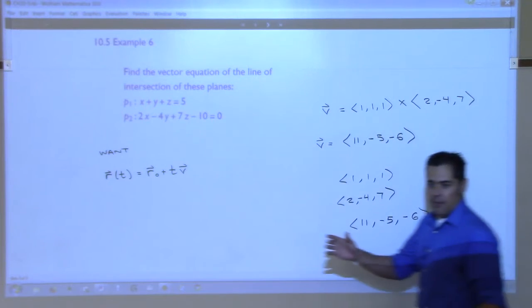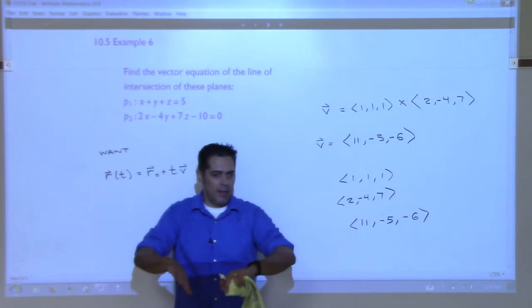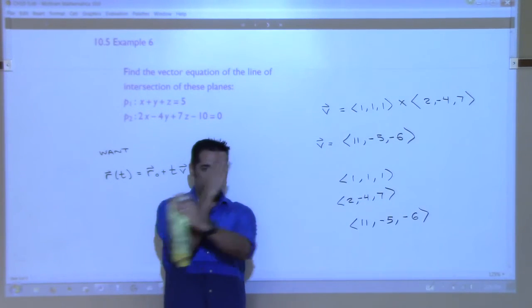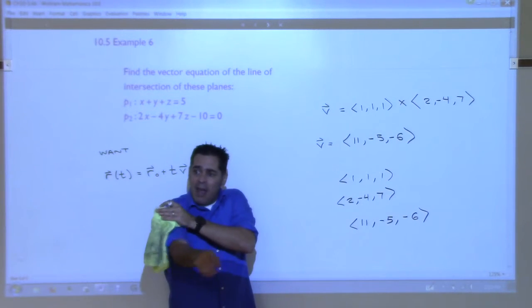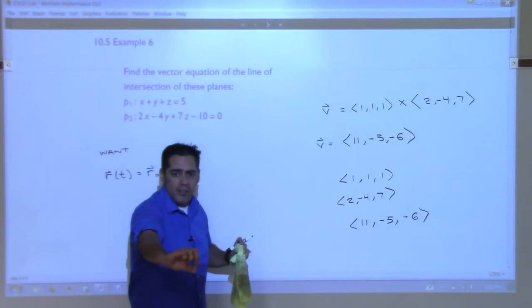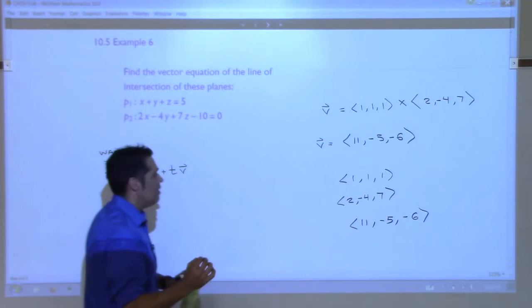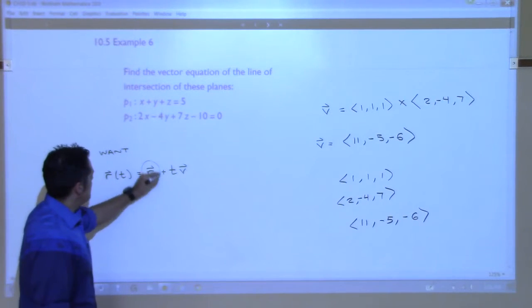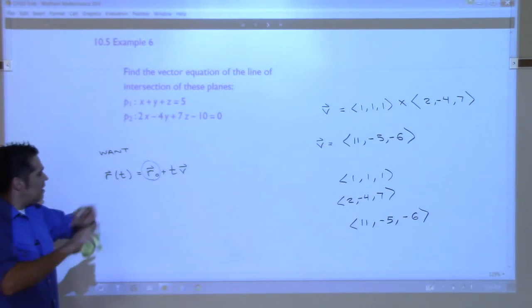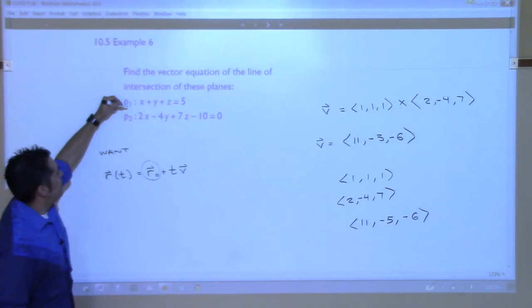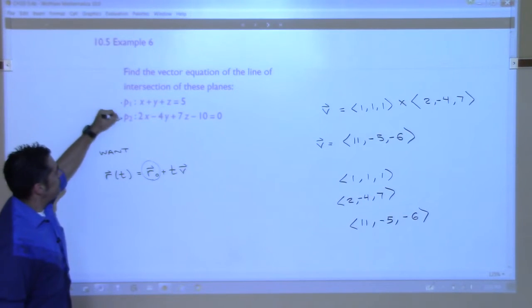So what we've done, again, imagine you've got two planes, and they had two normal vectors. What we've done is we've taken them and crossed them, which gave us a vector coming out that's actually running parallel to the line of intersection. Now we just need a point on that line. So any point that we can find that would be on both planes.